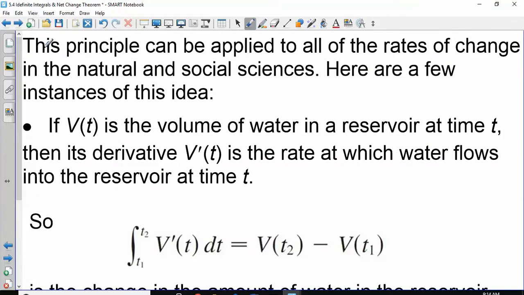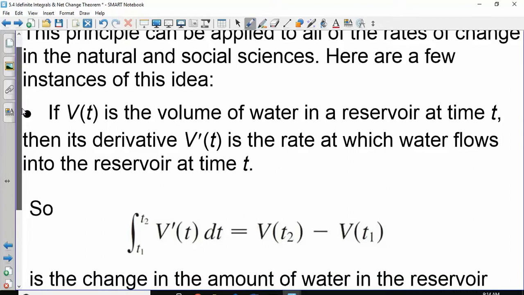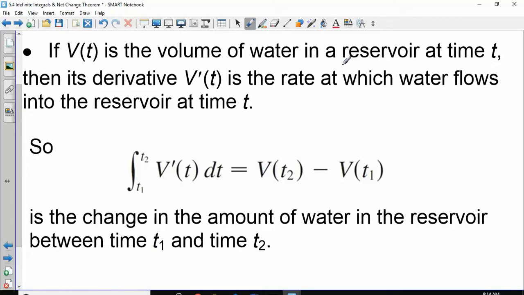We can use that idea to kind of interpret what these intervals mean when they are applied to real situations. So if we are looking at volume, V is volume, then we know a derivative is the rate of change. So if V is the volume, V prime is how the volume changes over time. Then if I integrate it over a specific interval, that will give me the actual amount of change in the water.